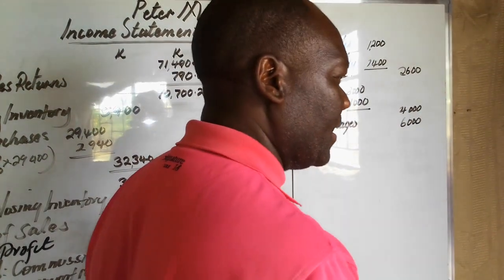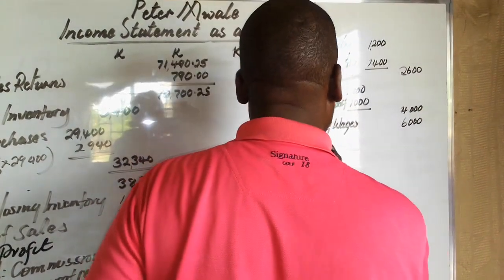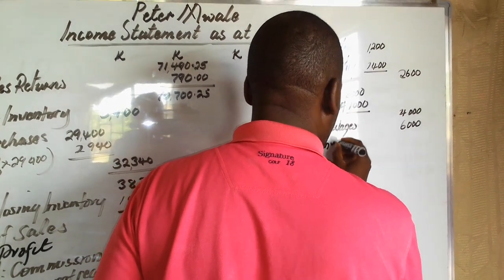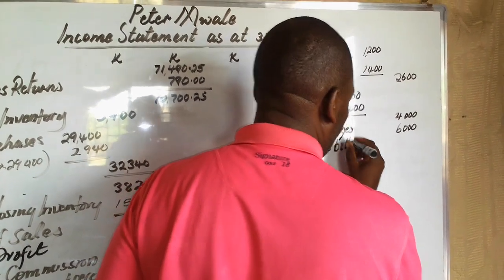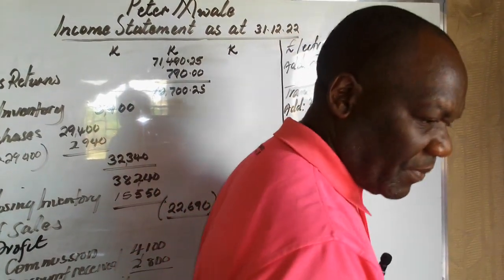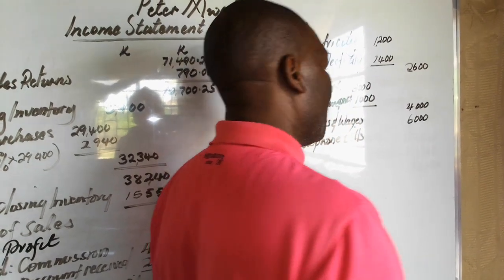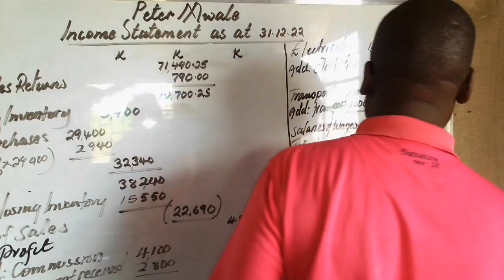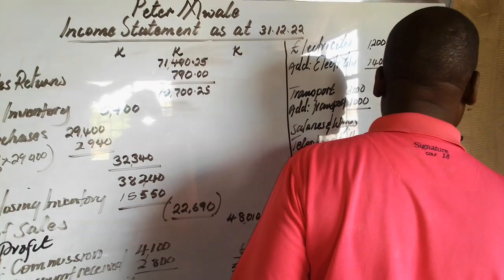The next figure is telephone bills. According to the question, the telephone bills are 620. No adjustments.